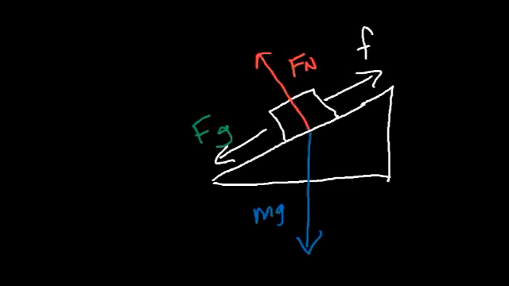Now, let's draw a triangle. The angle theta is equal to this angle. Here's why. Let's say this is 30, this is 90, this is 60, and this part forms a 90-degree angle, which means this part is 30.